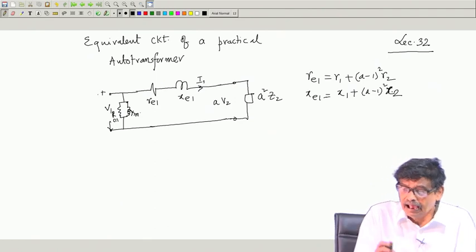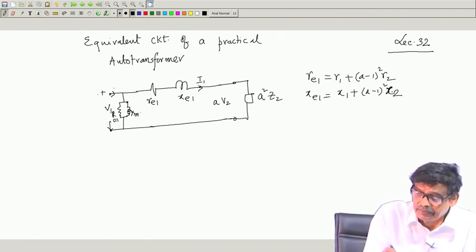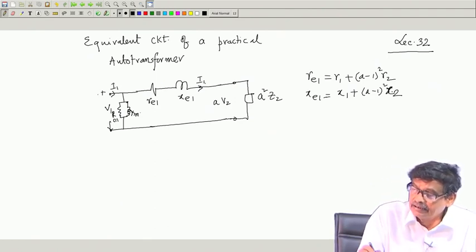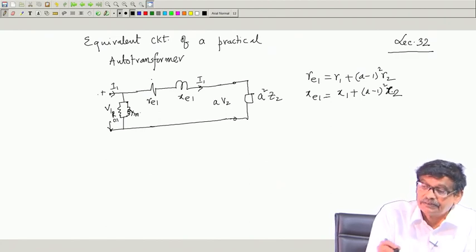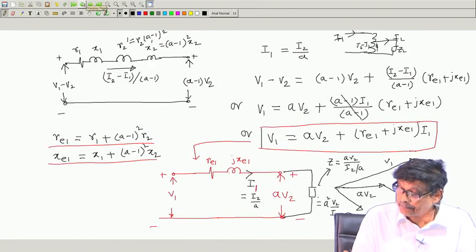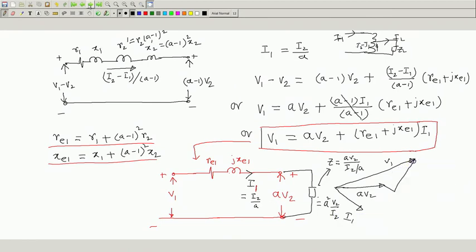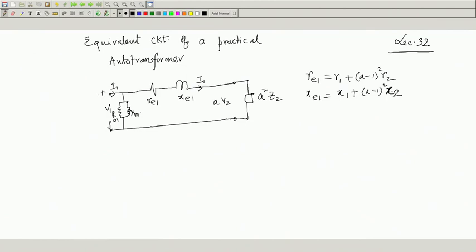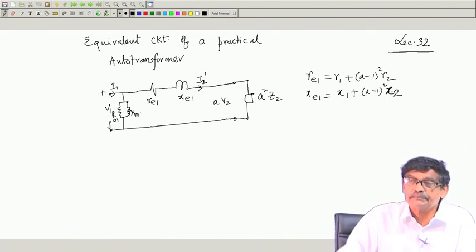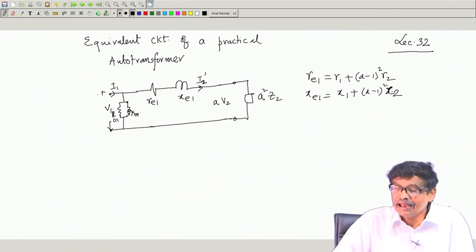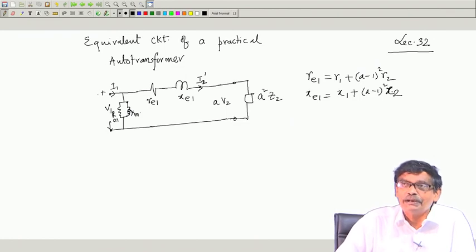So, I 1, then I should tell this one, perhaps I will tell some reflected current of this primary side, that is I 2 dashed. And once again I 2 dashed is not I 2 by A minus 1, it is I 2 by A.